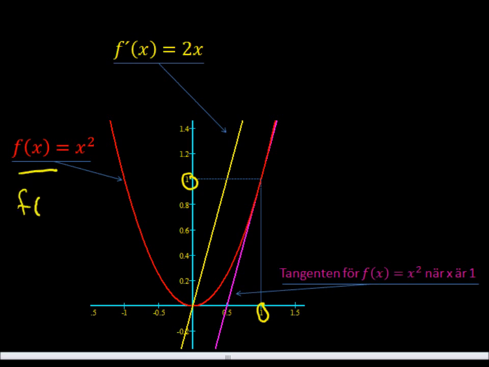We'll put in an f of 1 equals, of course, x squared, but then x is 1, so that gives you 1 squared, and 1 squared is 1. Okay, so the value of the original function, in other words, when f of x has a value of 1, that's the place we're going to look for our tangent line, right there.